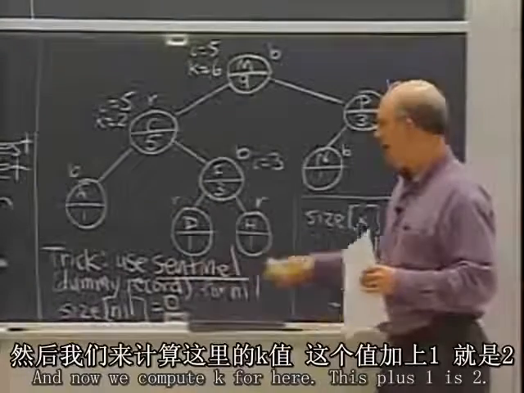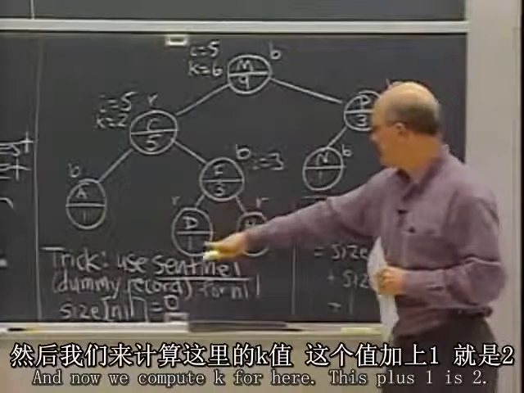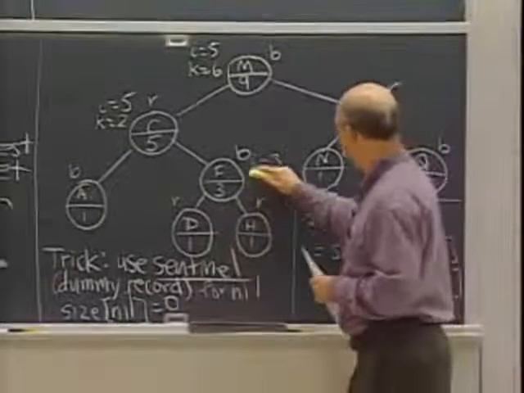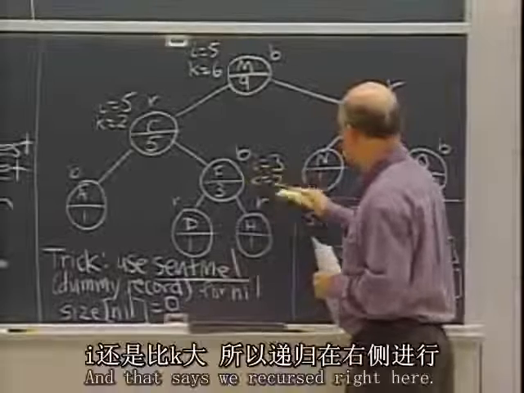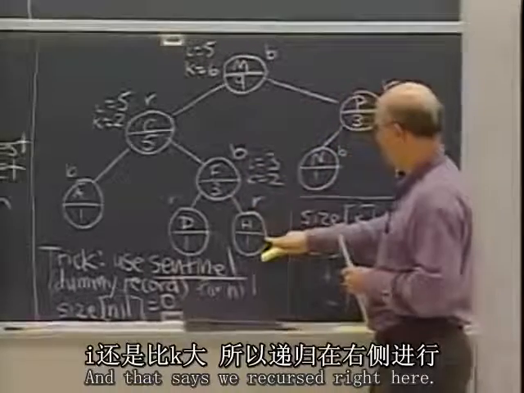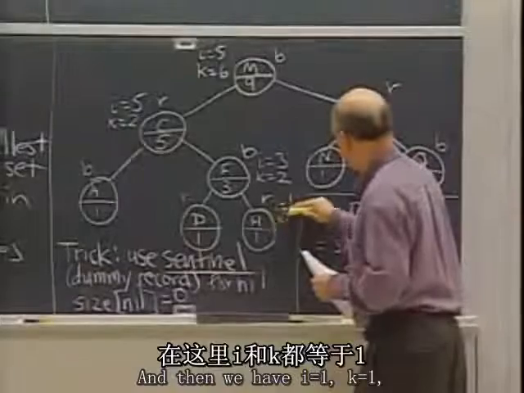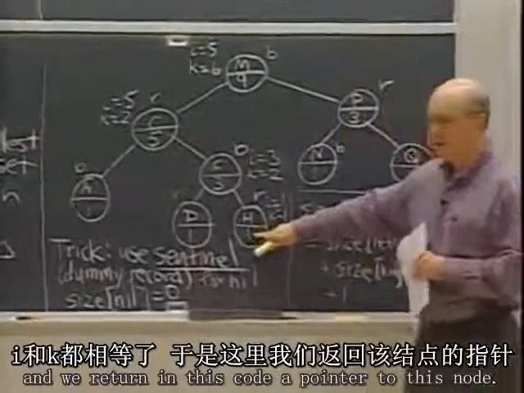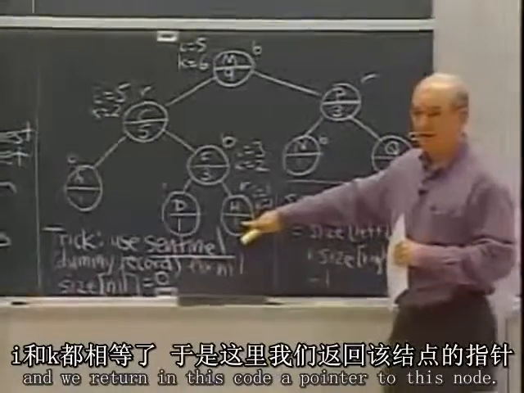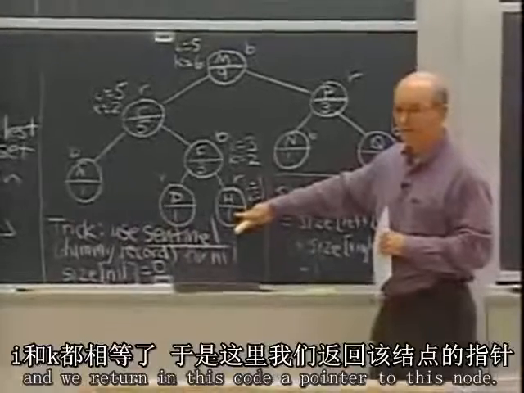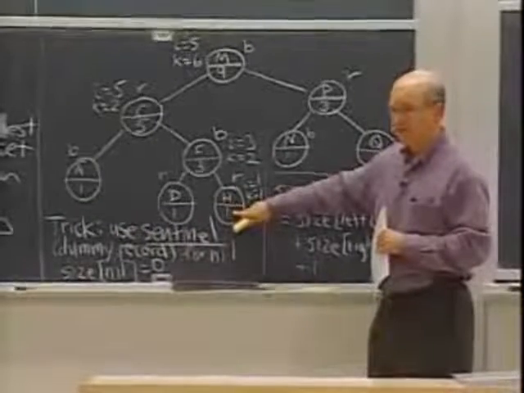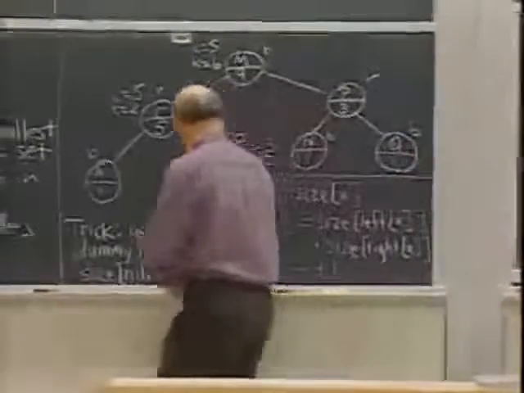Okay, and now we compute k for here. So this plus 1 is 2. Okay, and that says we recurse right here. And then we have i equals 1, k equals 1, and we return in this code a pointer to this node.